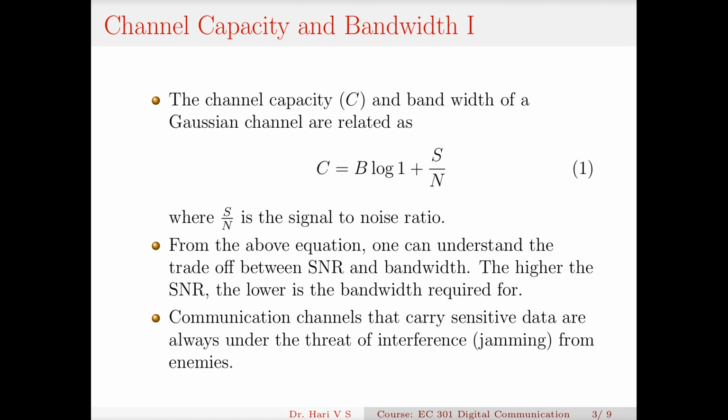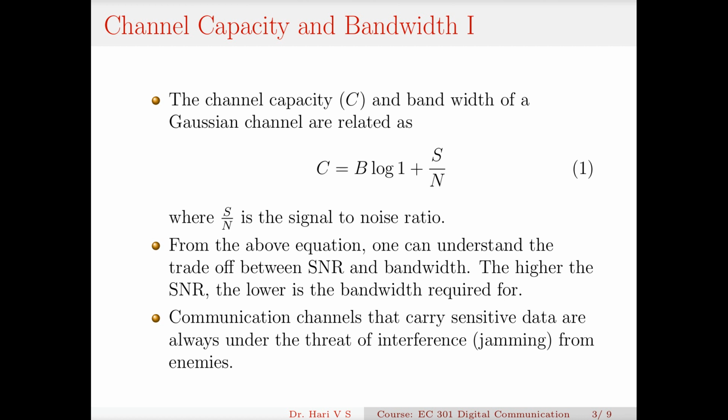Now the most important relation in communication system theory is the relation between the capacity of the channel and the bandwidth. I don't know whether you have studied this before. So every channel has a capacity which is nothing but the maximum mutual information between the input and output.